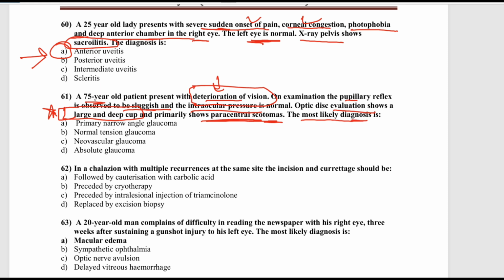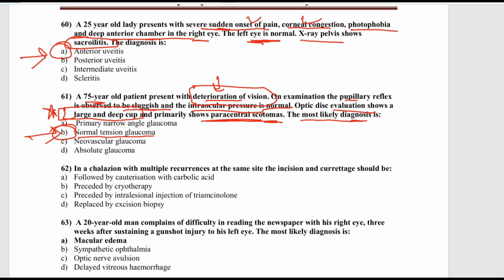The most likely diagnosis here, because the IOP is normal but there are changes, is one of the options: primary narrow angle glaucoma, normal tension glaucoma, neovascular glaucoma, and absolute glaucoma. The correct option is normal tension glaucoma. There are glaucomatous changes, but the IOP is normal, so that's why it is normal tension glaucoma.